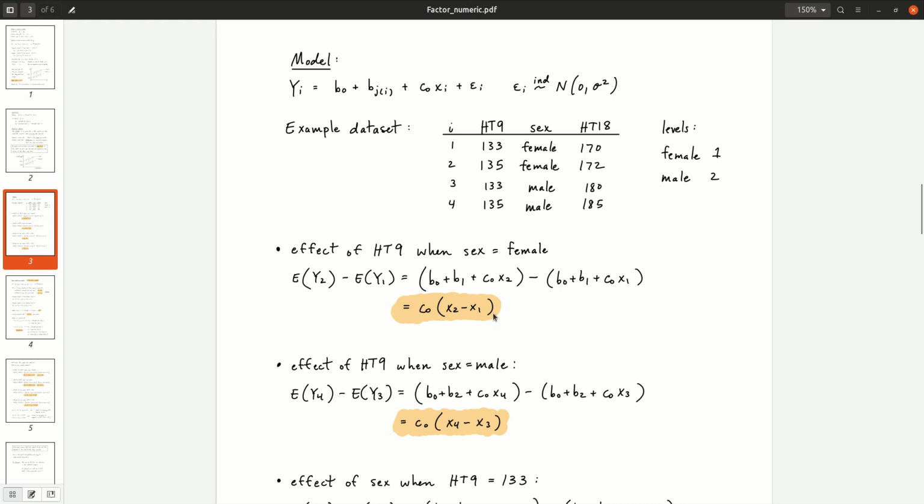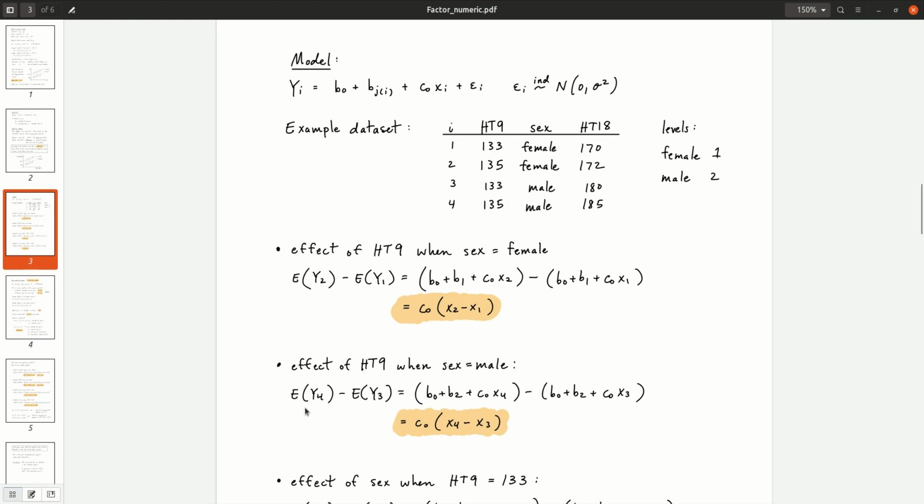Now let's repeat the same thing, but we're going to say the sex is male. And to see that comparison, it's observations 3 and 4. So these 2 are both male, and height at age 9 increases by 2.